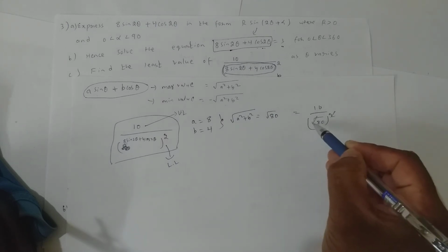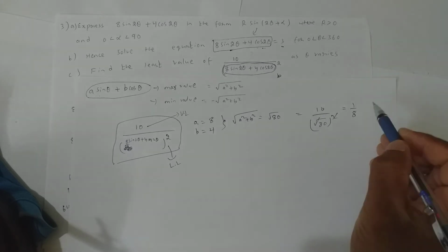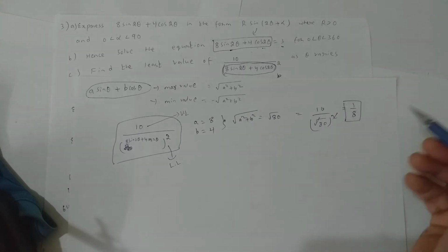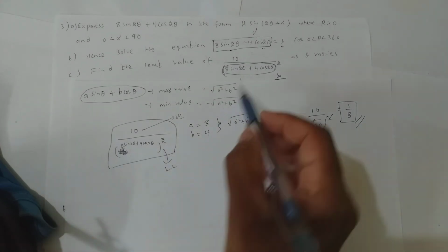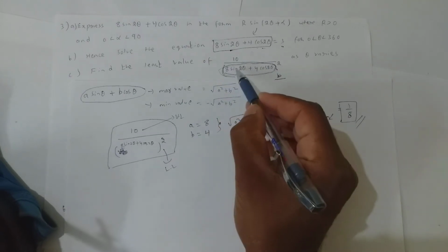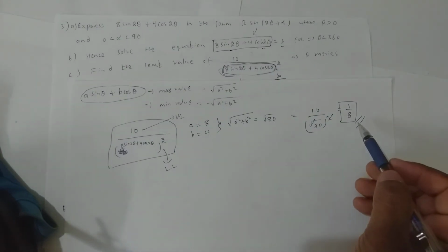Whether I take plus root 80 or minus root 80, it doesn't make any difference. So I get 1 by 8. That is the least value of this entire expression. Am I clear? Least value of this denominator you know, and whatever is there, just place it like that, you get the answer.